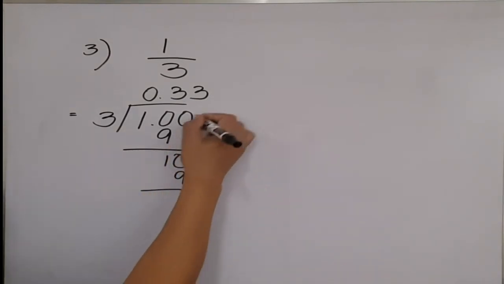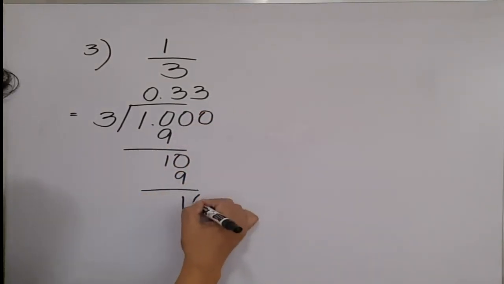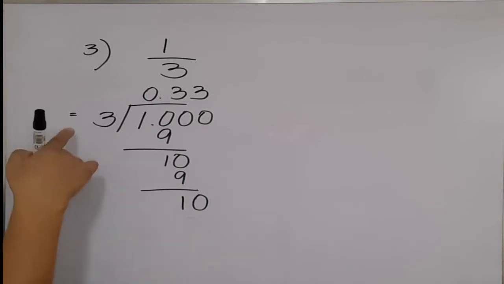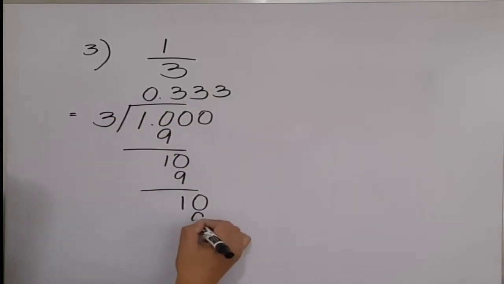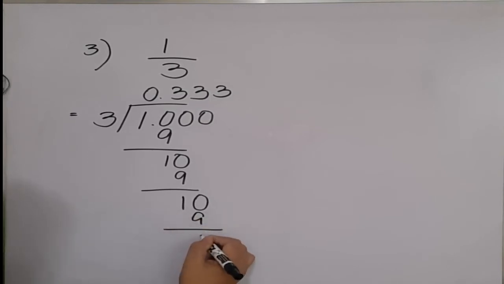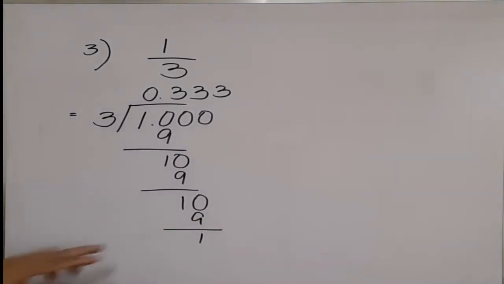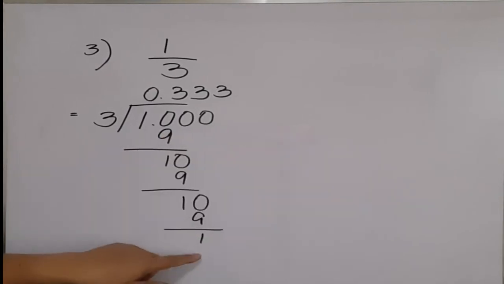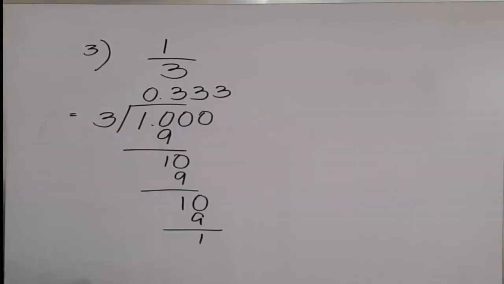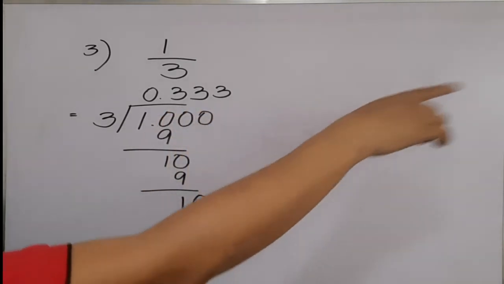We still have a remainder. We add another 0. Bring down 0. 10 divided by 3 is 3. 3 times 3 is 9. 10 minus 9 is 1. Now we observe that no matter how many zeros we add, the answer will be an endless 0.3333 and so on.